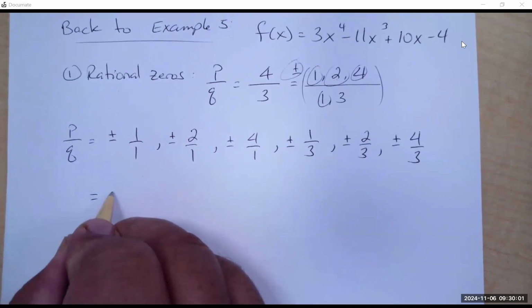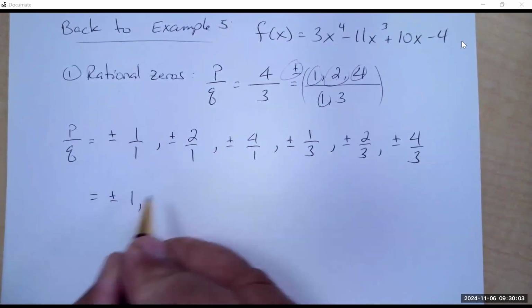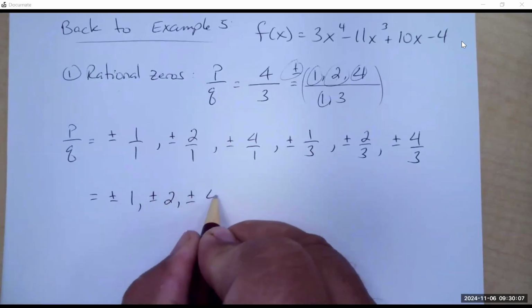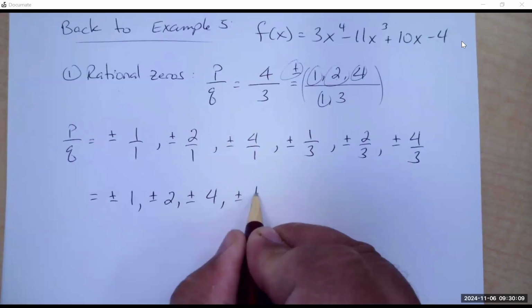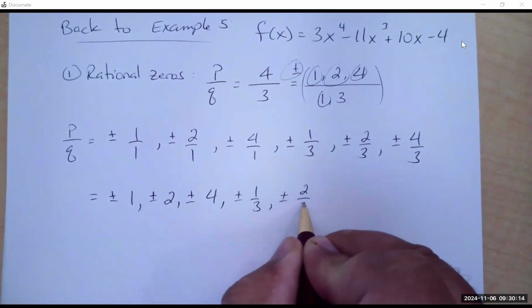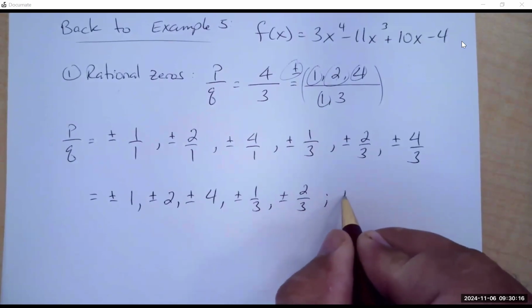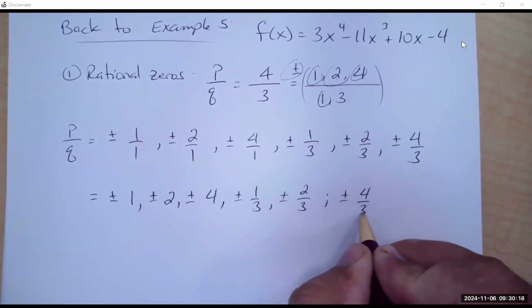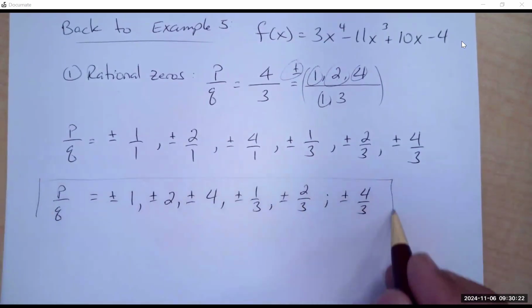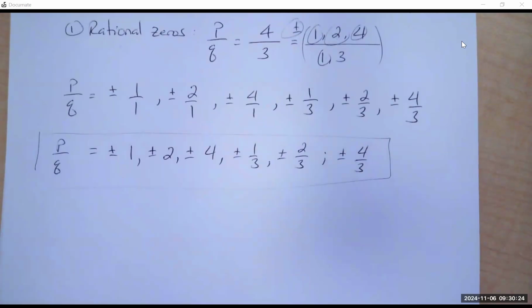So what we have to check, 1 divided by 1, 2 divided by 1, 4 divided by 1. These are our inputs that we have to try. Those are our rational zeros.